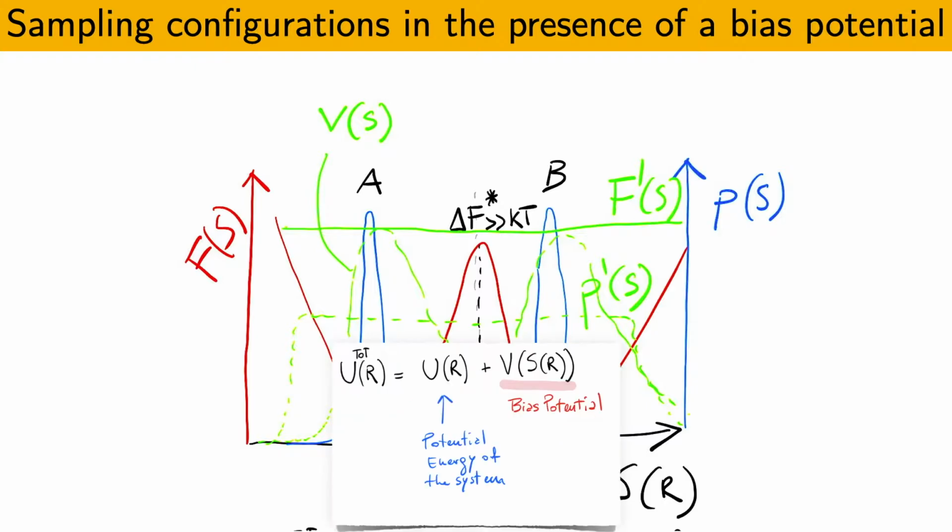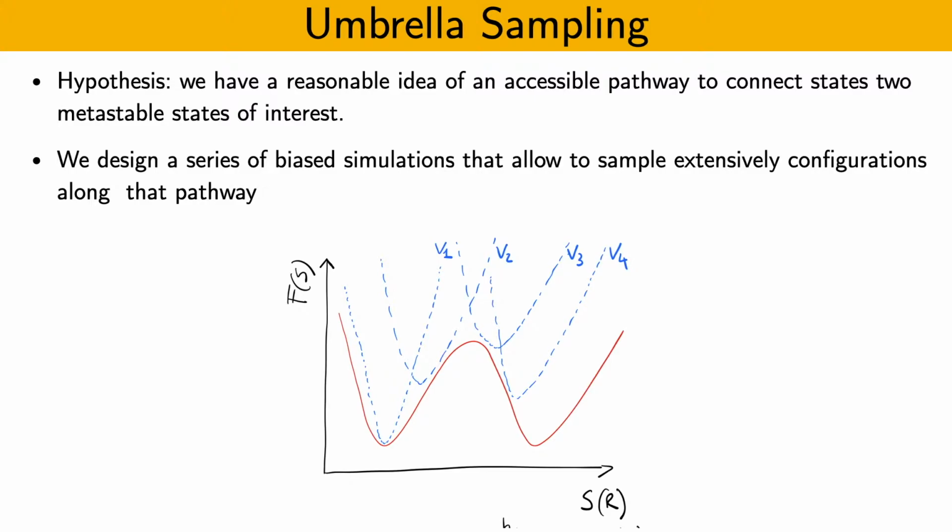So the question is, when we introduce a bias potential that perturbs the potential energy of the system, how do we define its functional form with respect to S? So how does umbrella sampling tackle this problem? Well, umbrella sampling is based on defining a series of independent bias simulations along a pathway in collective variable space.